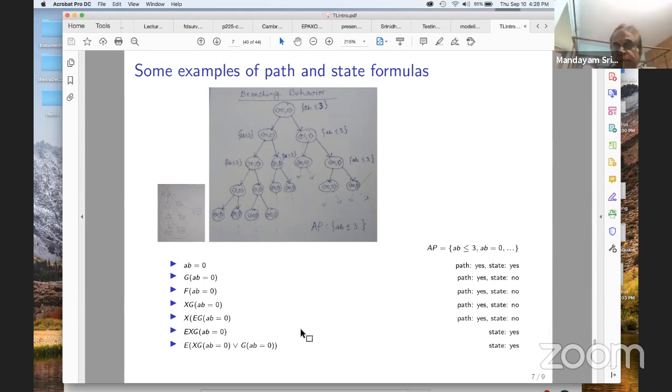Any questions here? I have a small question. What happens if we try to use a propositional connective which has a path formula on one side and a state formula on the other side? Syntactically, it's equivalent to saying there are path formulas on both sides, right? No, that's actually not allowed by the syntax. Yeah, but if every state formula is a path formula, then that's a good point.